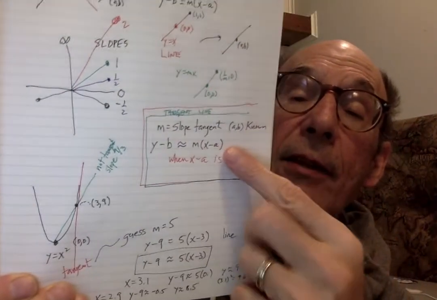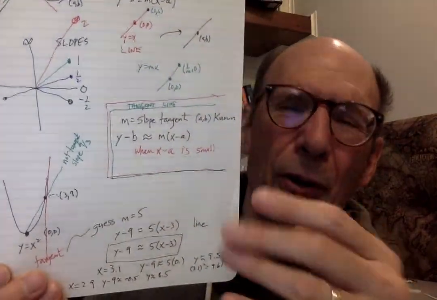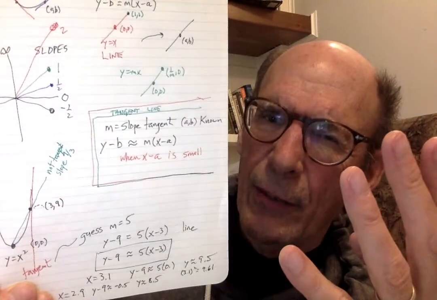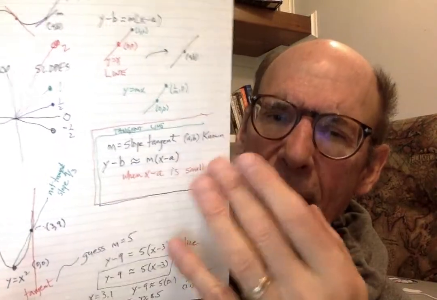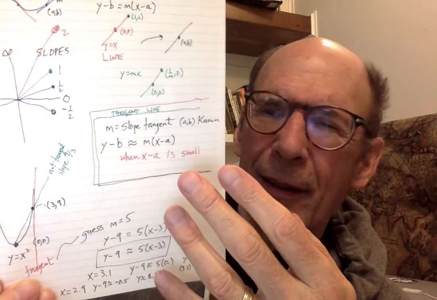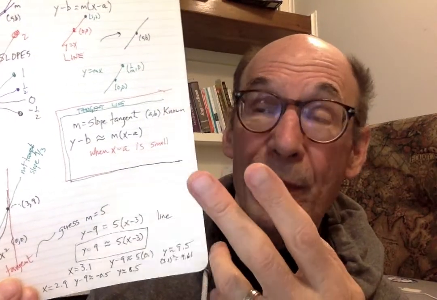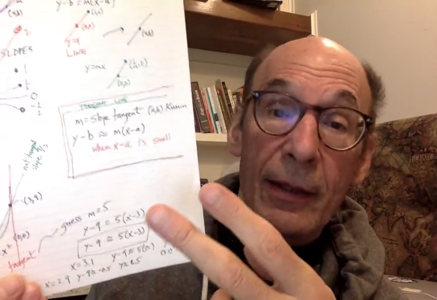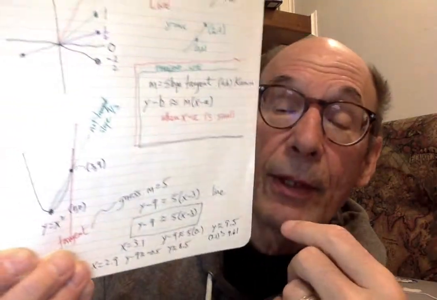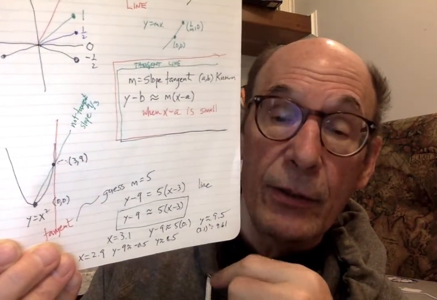So here's the tangent line approximation. We say, oh, this curvy curve, it's hard to calculate with. So we're going to replace it with the tangent line. The tangent line has a point that we know, and it has a slope that we're going to guess. In a little bit of time, you're going to be able to calculate a lot of these slopes exactly using calculus.